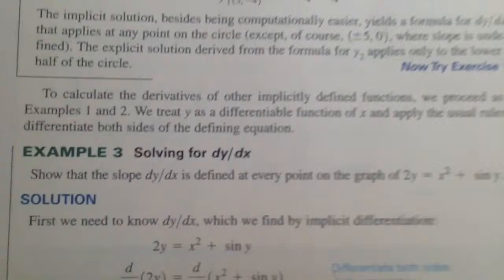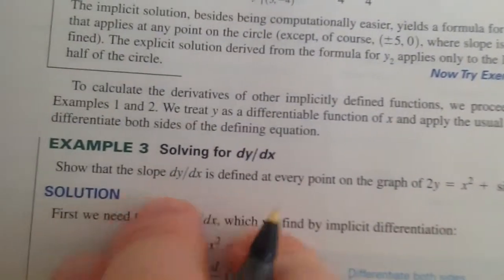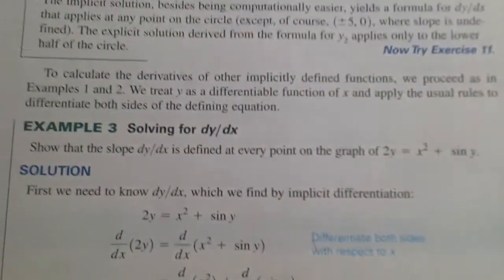This is actually an example in the book. It's 3. Just work through it here. I'll do this one and then one more, because this one's kind of weird.